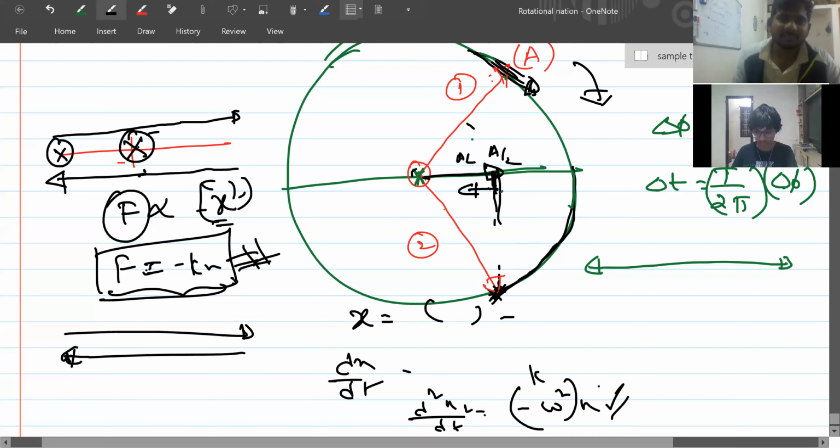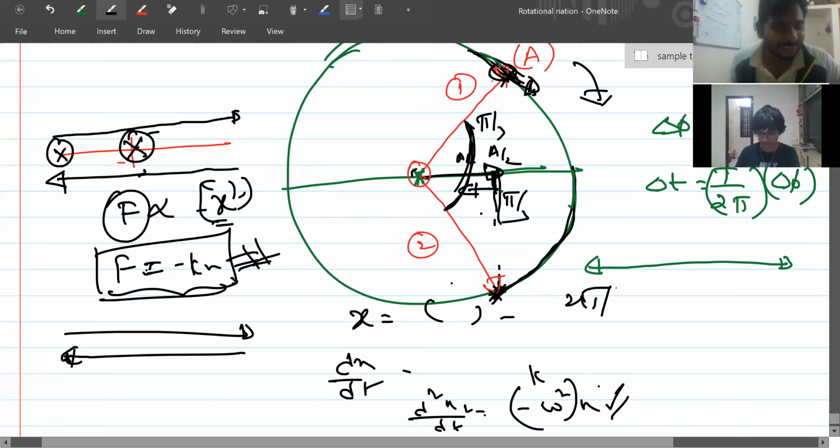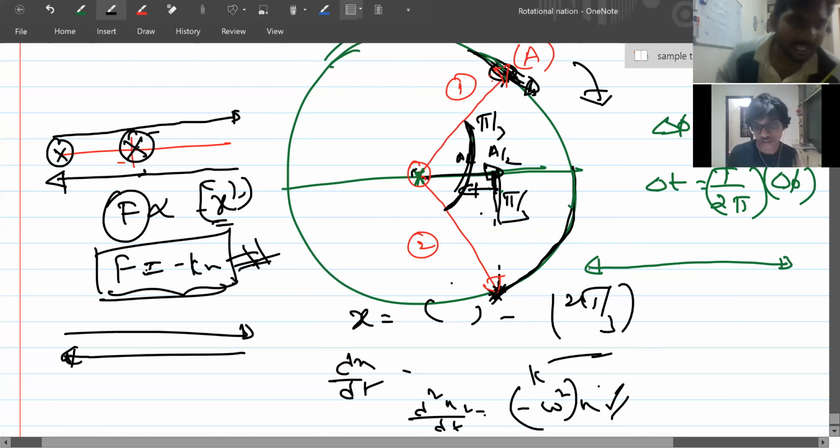A by 2 means this should be pi by 3 angle, right? Yes, sir. A by 3 means this is another pi by 3 angle, right? Yes, sir. So what is the difference? How much angle difference is there between both of them? Pi by 3. Did you get this easily or not? Yes, sir, without using any formula also. That is why the phasor diagram is important. You see, with the phasor diagram I could solve easily.